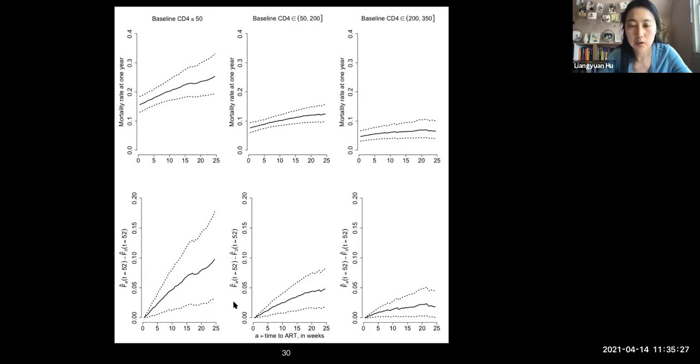The bottom panel compares immediate initiation versus delayed initiation at time 8. So we can see that the benefit of early initiation is most pronounced for the lowest CD4 subgroup, and the curves are pretty flat here for the highest CD4 subgroup, meaning that there's not much benefit here for these relatively healthy patients.